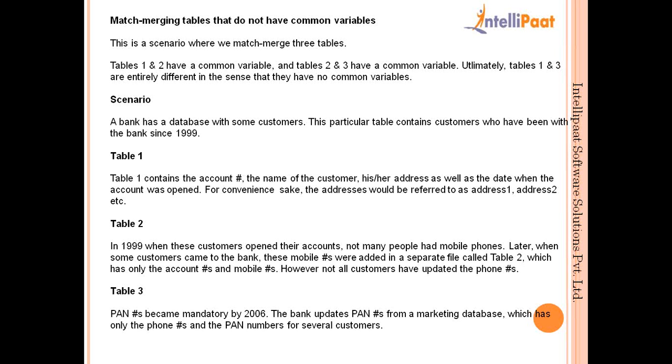Later, when some customers came to the bank, their mobile numbers were added in a separate file called table 2, which has only the accounts and the mobile numbers. However, not all.